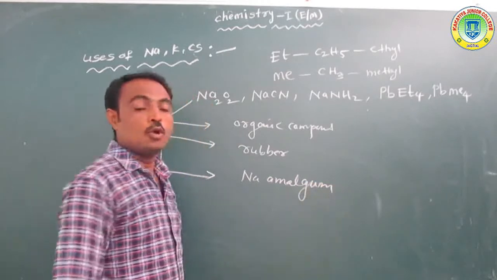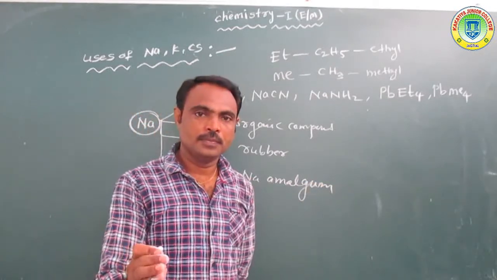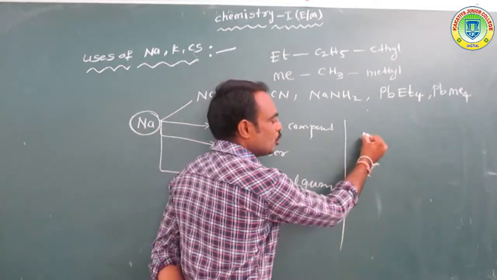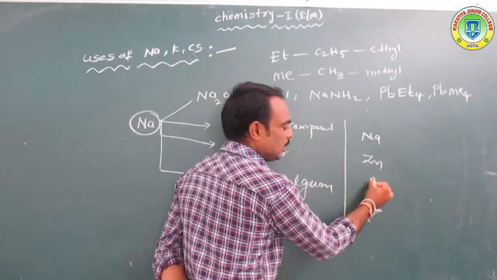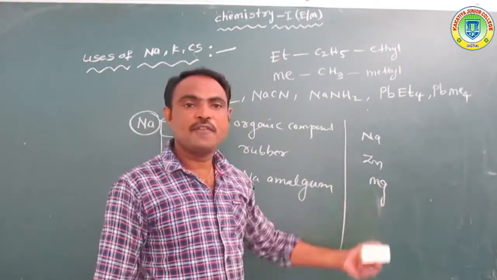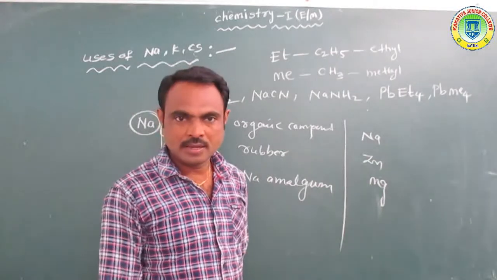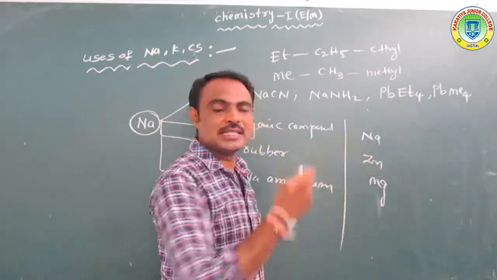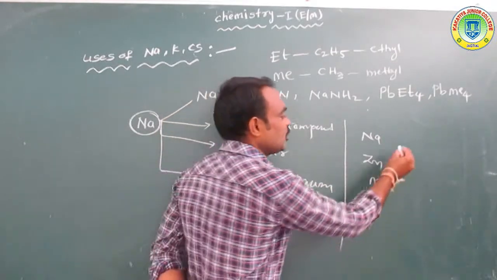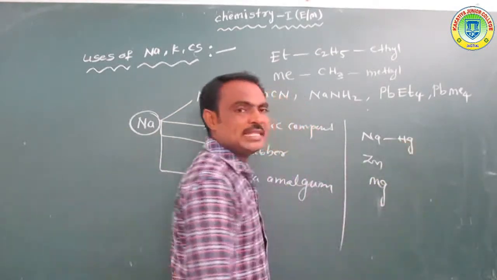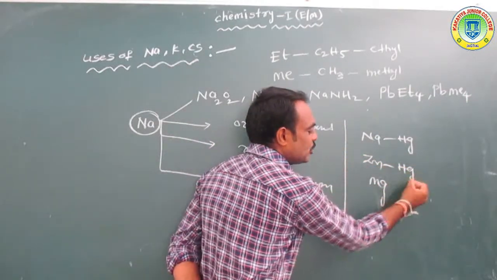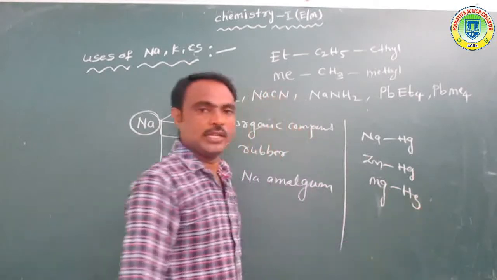Amalgam. What is the meaning of amalgam? Suppose we take a number of metals like sodium, zinc or magnesium. When these metals combine with mercury, what is the symbol of mercury? Hg. NaHg, ZnHg, MgHg.